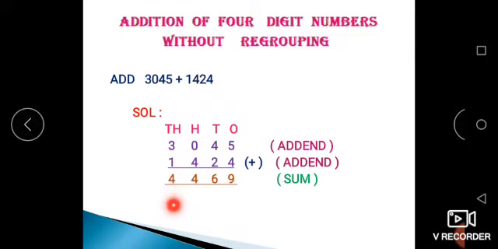Next the thousands column: 3 plus 1, the answer is 4. So the sum of 3045 and 1424 is 4469. We'll move to the next slide.